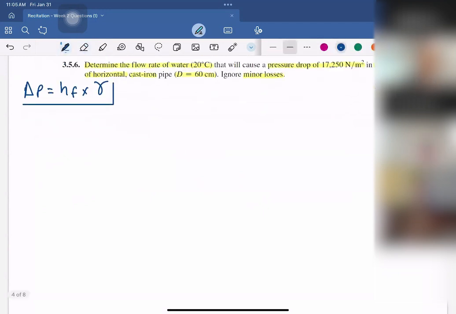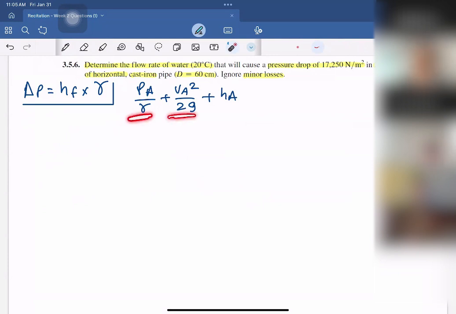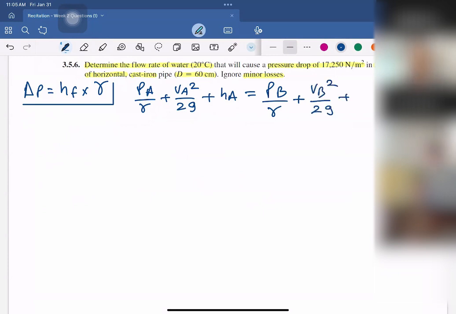So let me write it here. Here we have pressure head, velocity head, and elevation. On the other side, we have head loss.